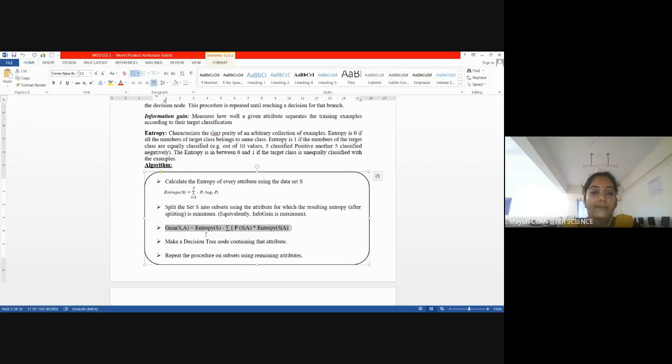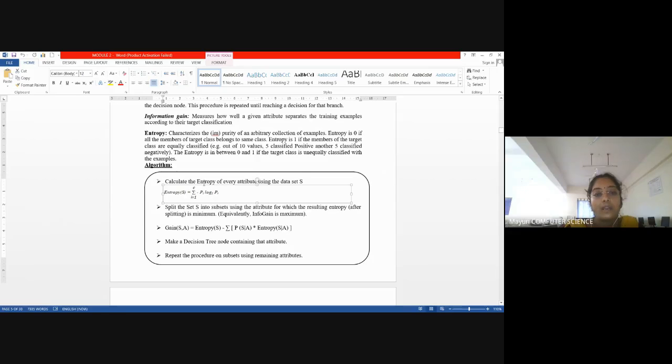But that kind of possibility will not occur, because we need to find the entropy for the entire sample. If you have unequally classified, suppose out of 14 samples you have 9 positive and 5 negative, then you have to calculate the entropy. The entropy formula is this: minus probability times log probability base 2, plus the same for the other class, and again minus will come because a summation is there.